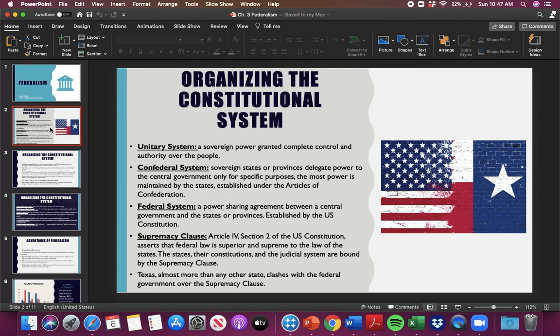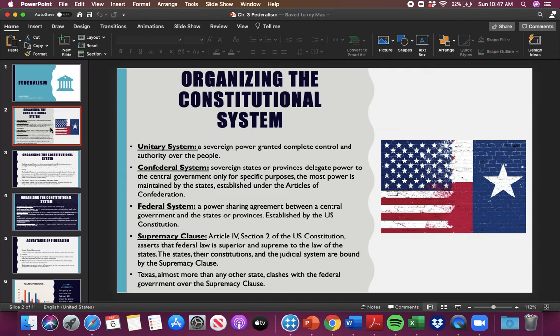The Constitution of the United States does not like this kind of situation. It says that all citizens are entitled to all rights in the entire United States. So when the states don't agree with each other, the federal government has to step in and settle that issue.